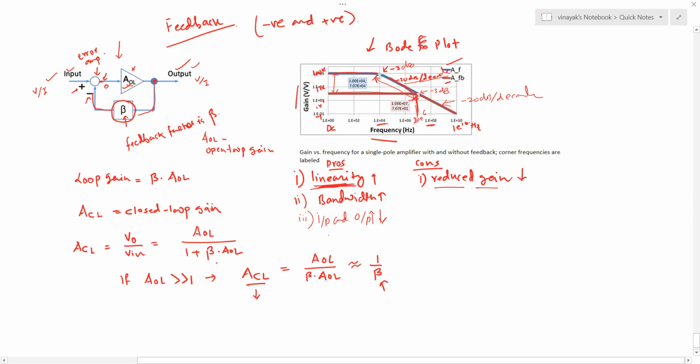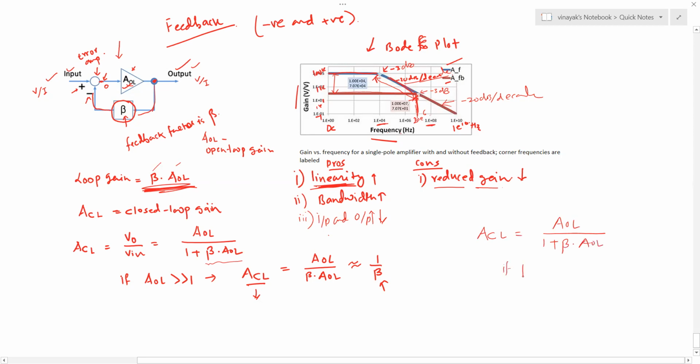So if, for example, this beta times AOL, which is the loop gain, is negative, the product of beta and AOL. So let me write here again, ACL is AOL divided by 1 plus beta AOL.